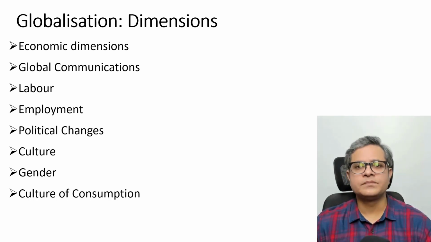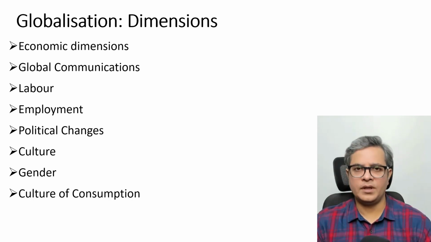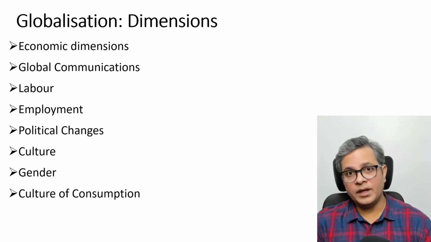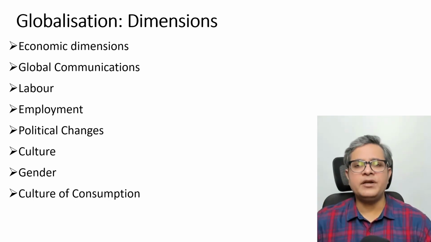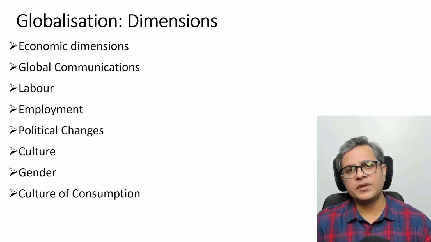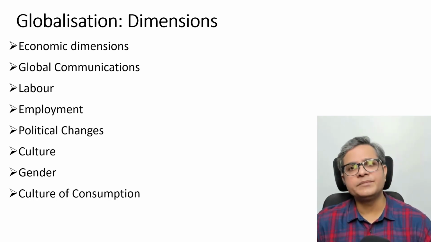Labor. Labor is now moving across the world, and labor is also now the most critical aspect of globalization. It is not moving just from one nation to another nation, looking for work or for employment opportunity.